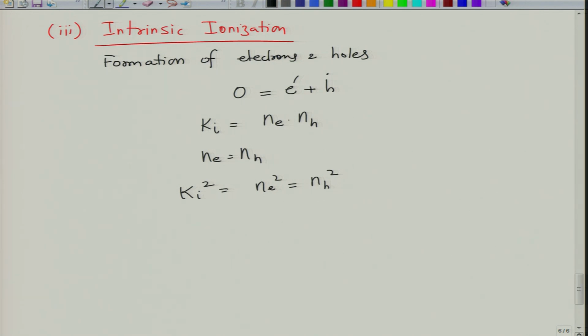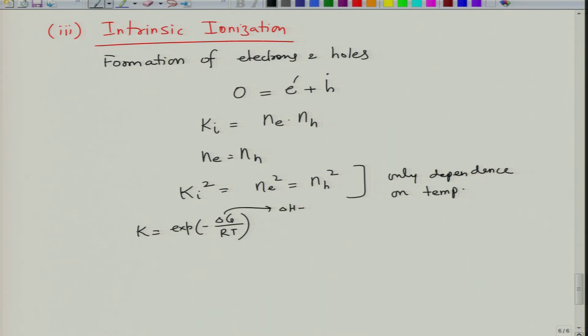So in this the only dependence is on temperature, because K is always equal to exponential of minus delta G divided by RT, and delta G is nothing but delta H minus T delta S, and this basically is nothing but the enthalpy of formation of defects. In this case it is intrinsic ionization.